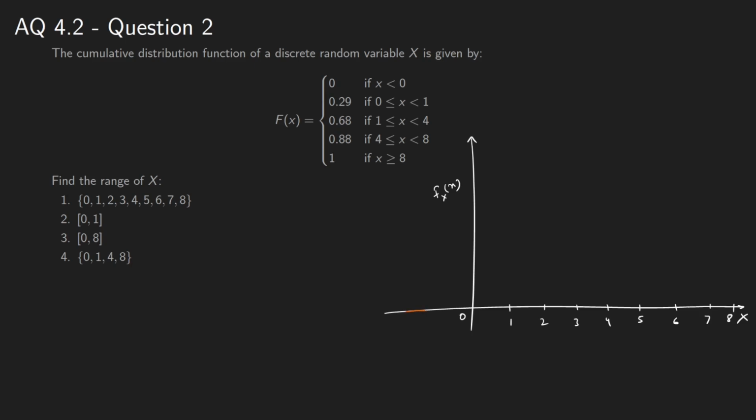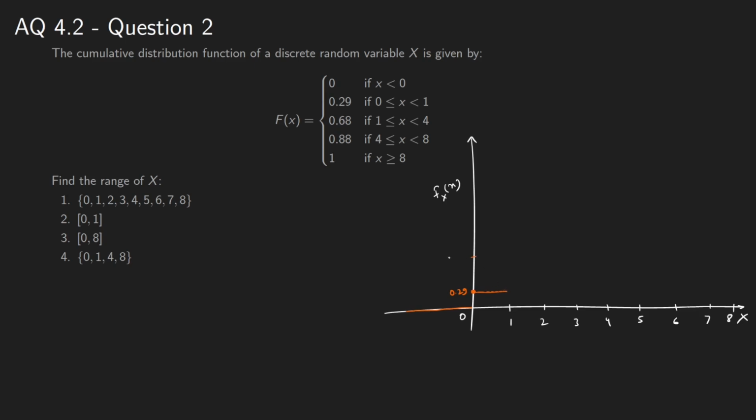Before 0, it's 0. But at 0, it moves up, and we see that it's at the point 0.29. And it's 0.29 up to 1, before 1. And exactly at 1, there is a jump in the CDF and it becomes 0.68.